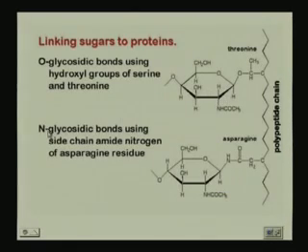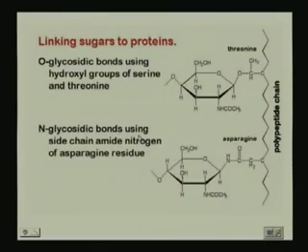When we are forming N-glycosidic bonds, we are using the side chain amide nitrogen. Which two amino acids have amides? Asparagine and glutamine, right? So, now we have to remember that when we are forming a glycoprotein, all we are doing is linking the sugar to the protein.